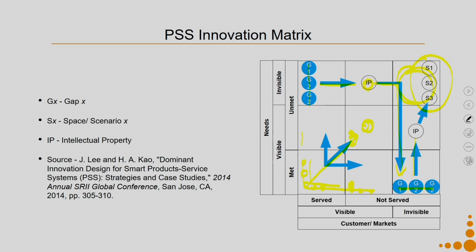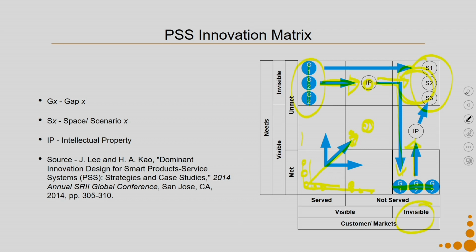So, we first try to identify invisible needs, we try to identify invisible customer markets. Then when we have identified those gaps, we try to develop some kind of a technology. These can be technology, these can also be some kind of new service related strategies, and as a result I can build up new scenarios of usage.